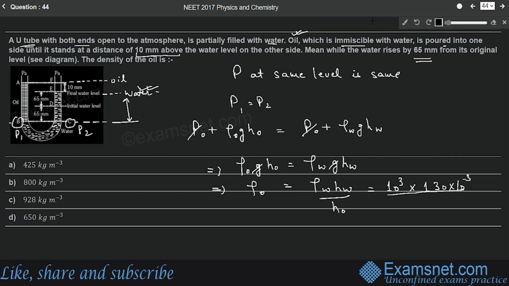So height of oil is 10 millimeter above the level of water, that is 140. So 140 into 10 to the power minus 3 meter. Now on solving this we'll get 928 kg per meter cube. Therefore correct option will be option number C. This is the density of oil.